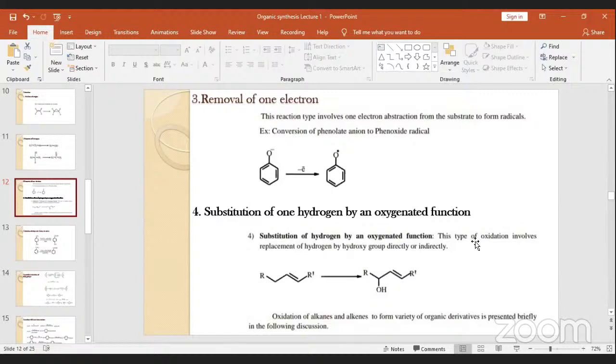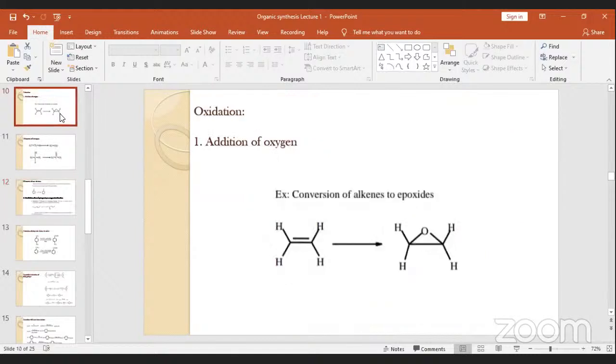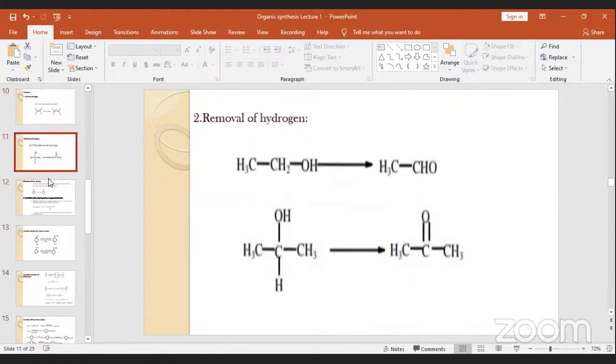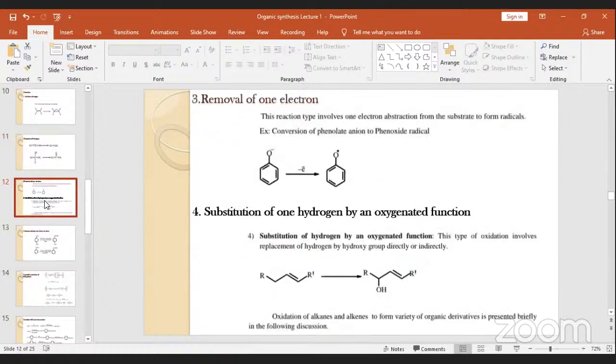And substitution of one hydrogen by an oxygenated function, an important one being the hydroxy group, is also oxidation. So these are the important types of oxidation reactions, and these are all functional group interconversion reactions.